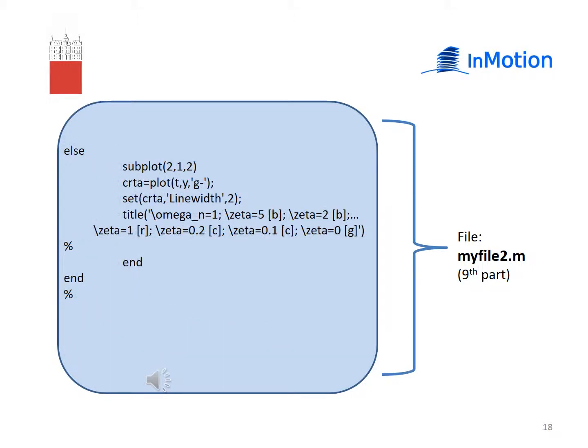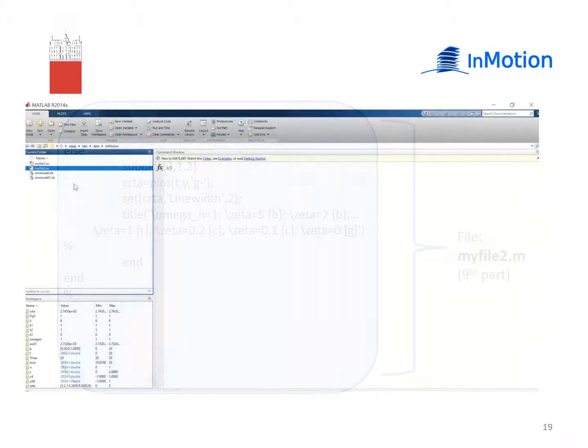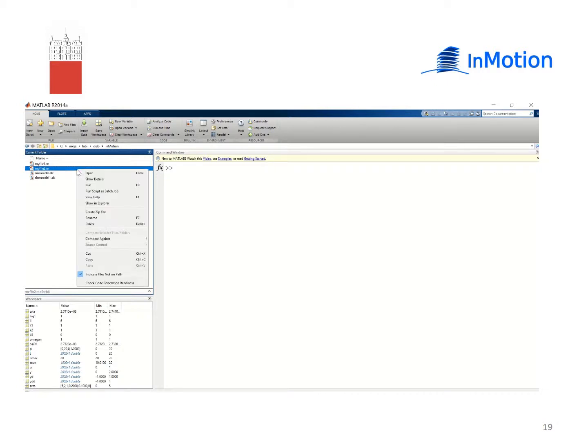The final value of zeta is equal to 0, and the corresponding response will be presented with the green line. Let's start now myfile2.m and observe the consequences.